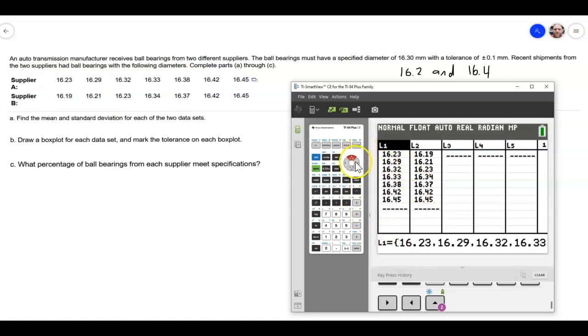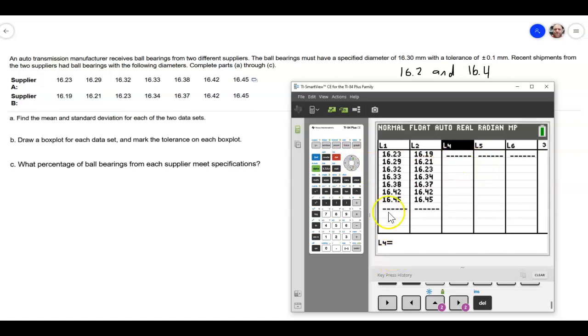For example, if I somehow lost L3 and I have no L3, and I wanted to put L3 back in here, I could do second insert, and then it asks what name it is, and we go second 3, which is L3, and hit enter, and then it renames that to L3. So I can put those back in like that, and I can also clear them out if I wanted to.